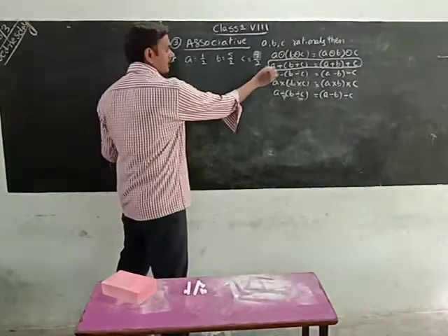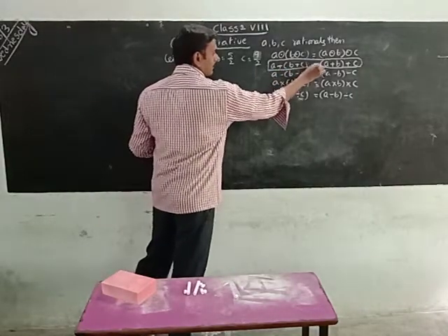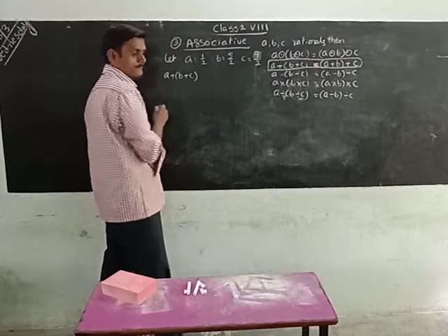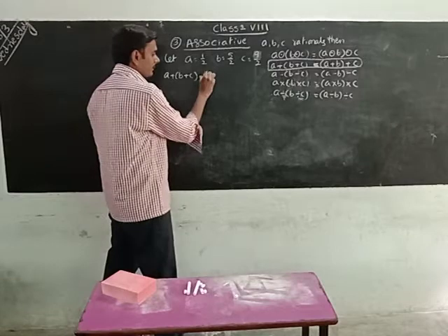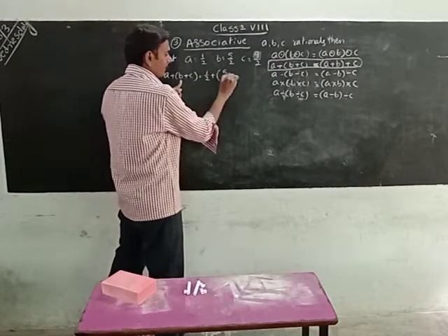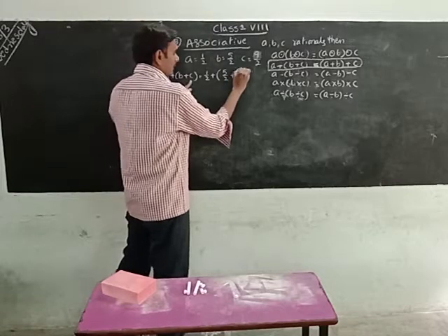Now first the LHS side, the before part: A plus (B plus C), which is 1 by 2 plus, in brackets, B value 5 by 2 plus C value 9 by 2.